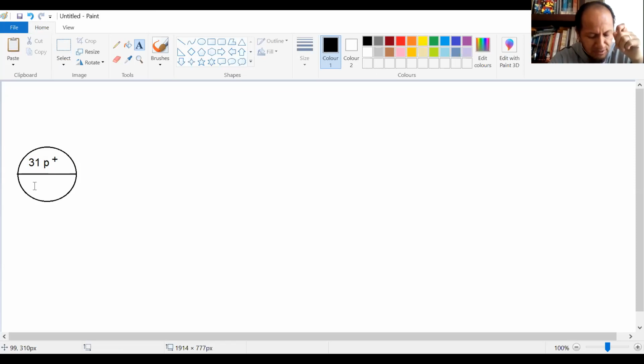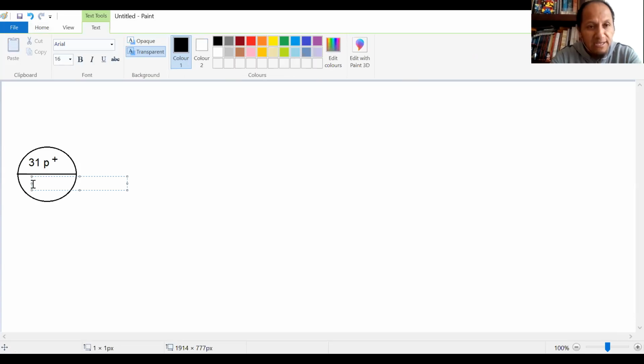If you round it, your periodic table says that the mass of gallium is 69.7. You can round it to 70. 70 minus 31 is going to give you specifically 39 neutrons, right?